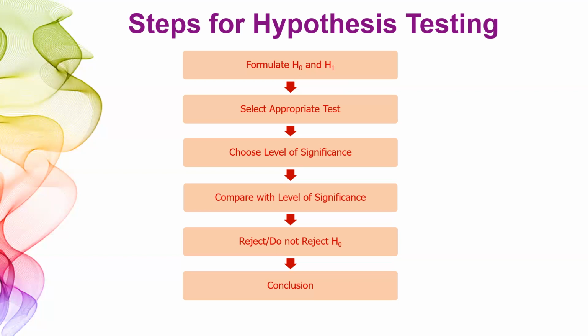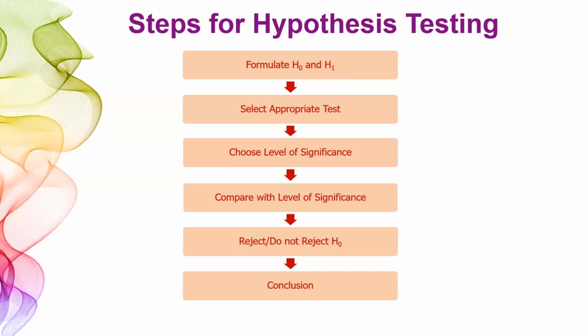The next step is you have to select an appropriate test. Here the formula is applied. The next step will be choosing the level of significance. Here we can select either 5% or 1%, or based on your research, we can go for a level of significance.